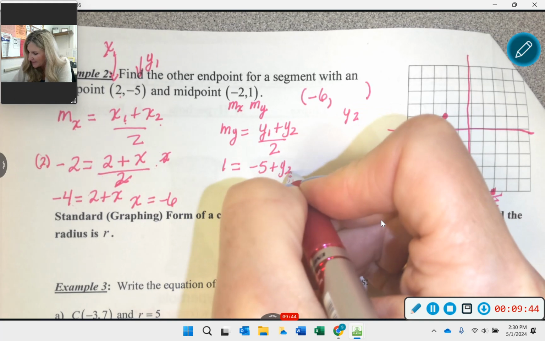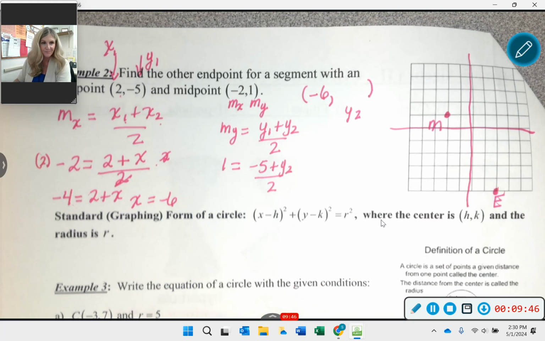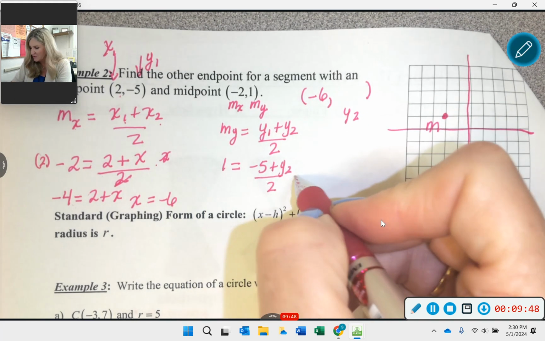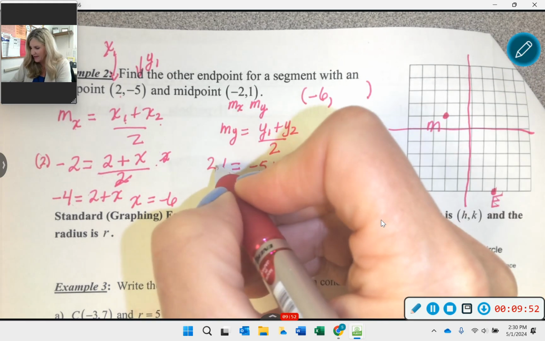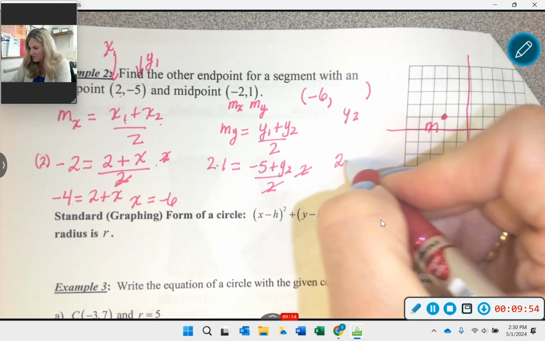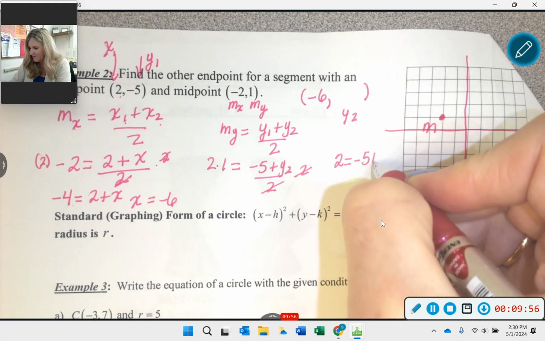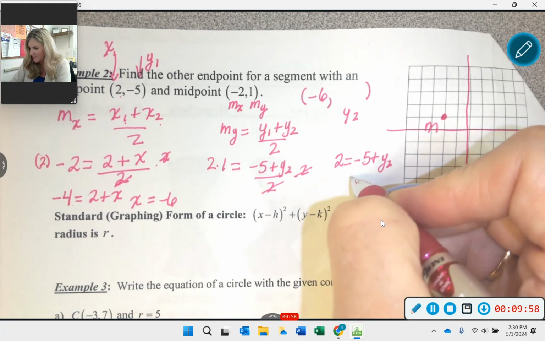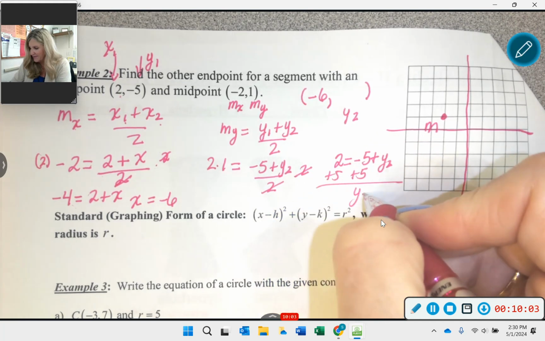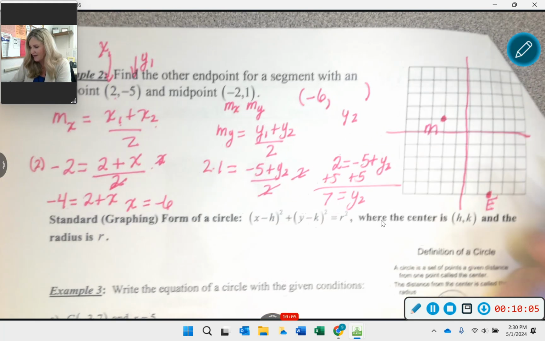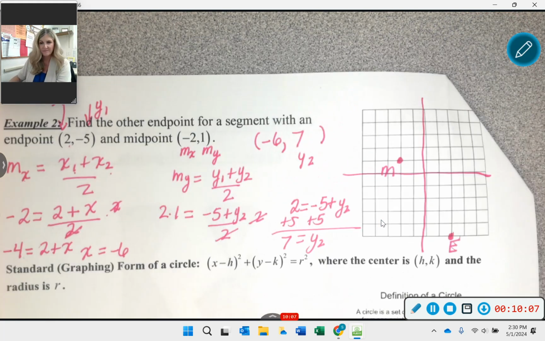I don't know the second one, divided by 2. Multiply both sides by 2. Those cancel, and I get 1 times 2 is 2 equals -5 plus y sub 2. Add 5. And I get that my second endpoint's y value should be 7.